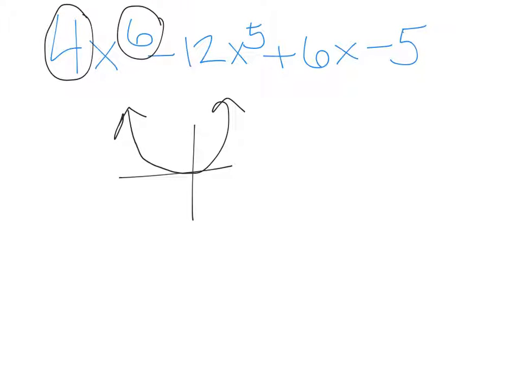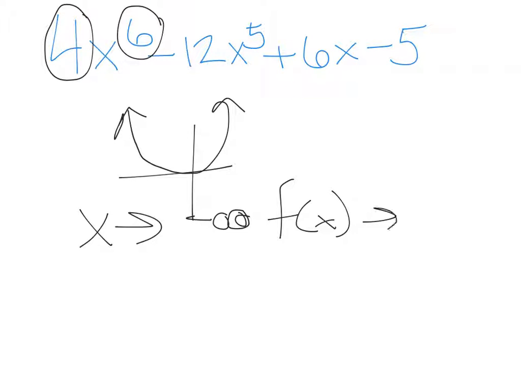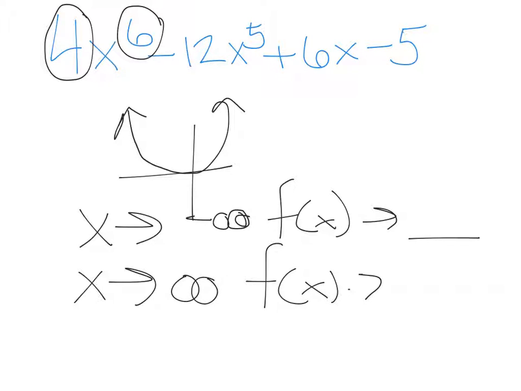And again, that means that as x approaches negative infinity, f of x goes towards blank, and as x approaches positive infinity, f of x goes towards blank. Both my ends are going up, so both are going towards positive infinity, and you were looking for letter D on your paper.